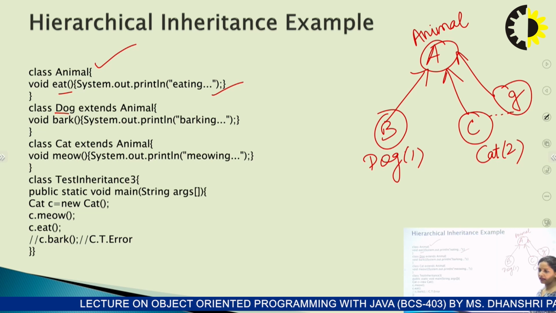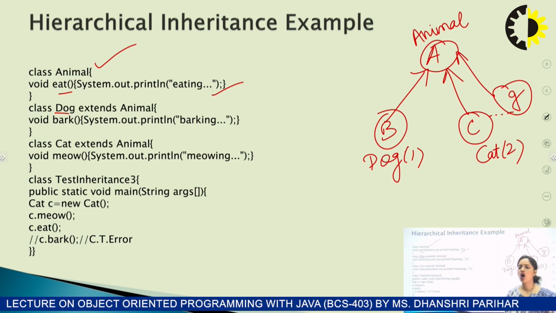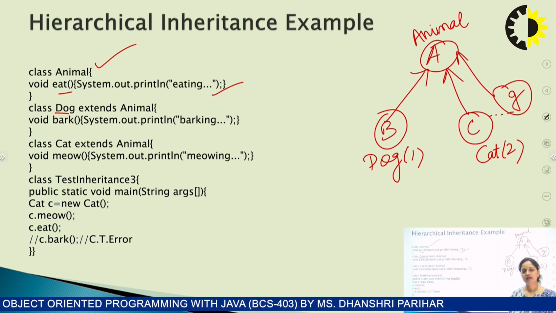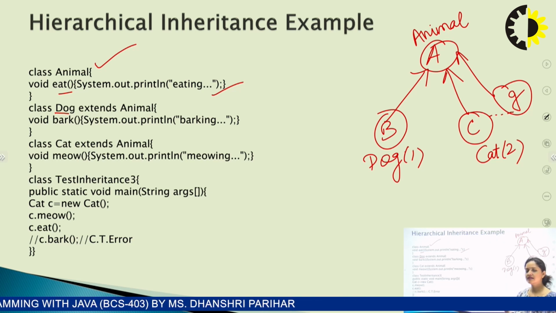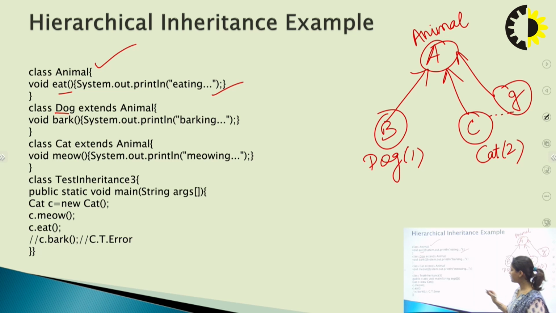So animal can be a cat, a dog, rat, lion, we can have any number of animals. So the animal class can have any number of children, but a minimum of 2 children is required for hierarchical inheritance. We've already discussed this dog class that extends animal, having the bark method in it. Then the third class we have is cat.